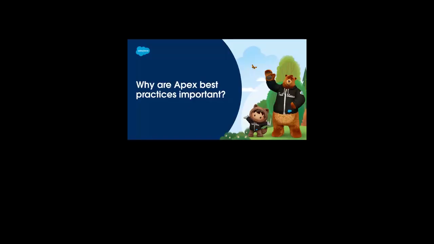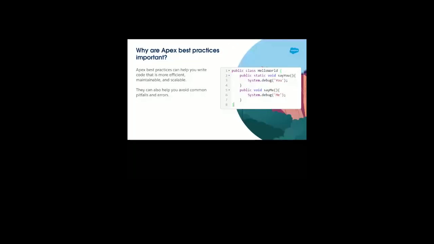Why are Apex best practices important? These best practices will help you write efficient code that you can maintain and that is scalable, and that will help you avoid common errors or pitfalls.